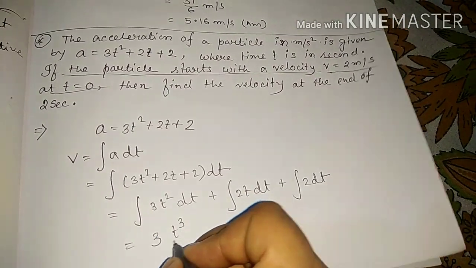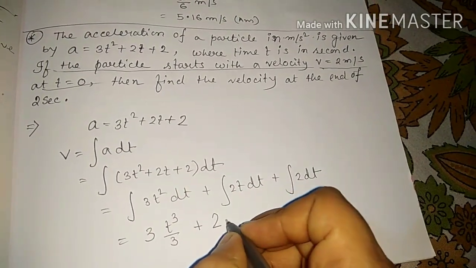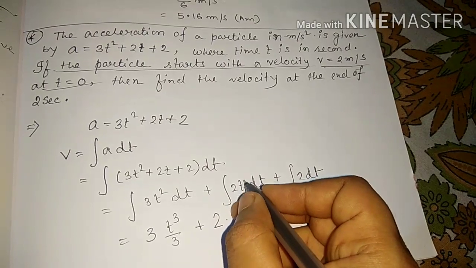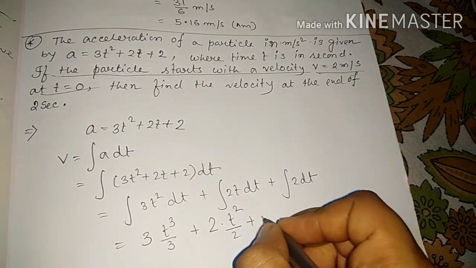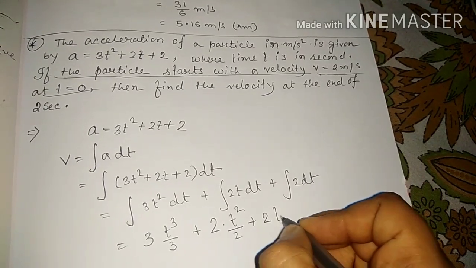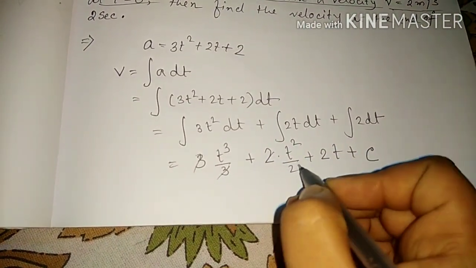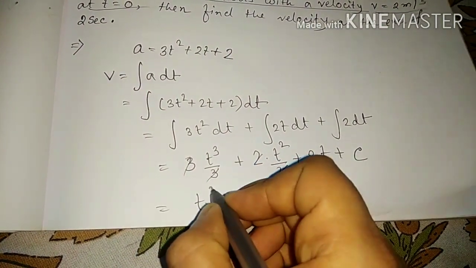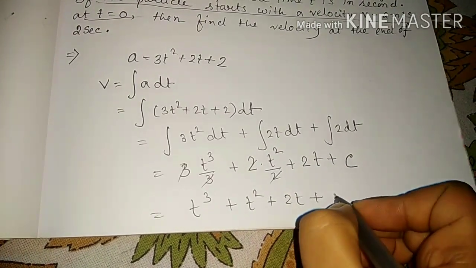We get 3 t cube by 3, 2 into t to the power 1 plus 1 by 1 plus 1, t squared by 2, plus 2 into the integration of dt, t, plus c. So this 3 cancels, this 2 cancels. We have t cube plus t squared plus 2t plus c.